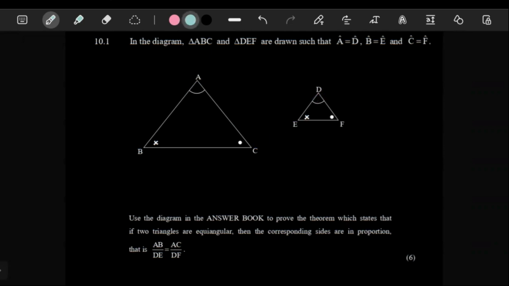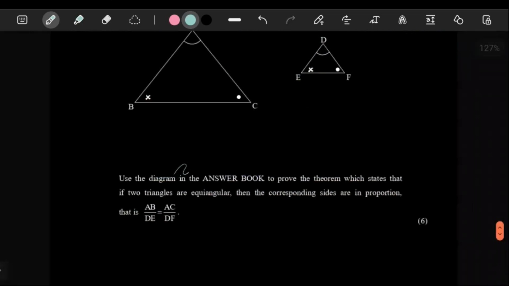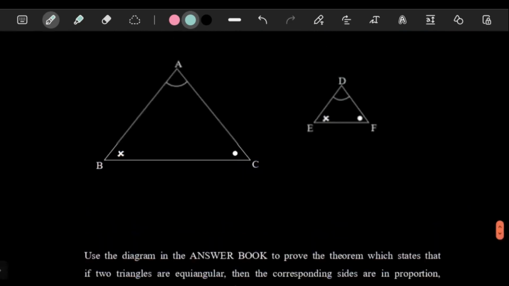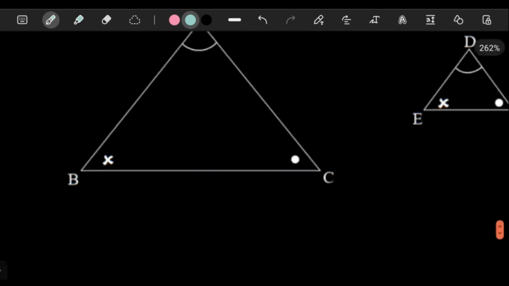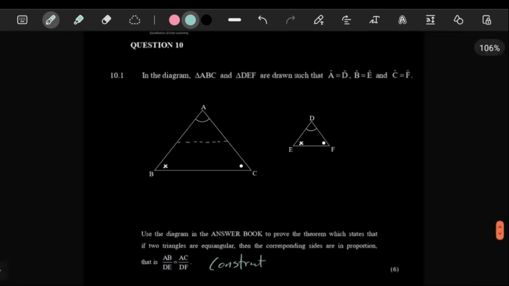So, fine. With this kind of a theorem, you firstly need to start with the construction. You're going to construct, let's say, GH. You're going to need to construct GH.